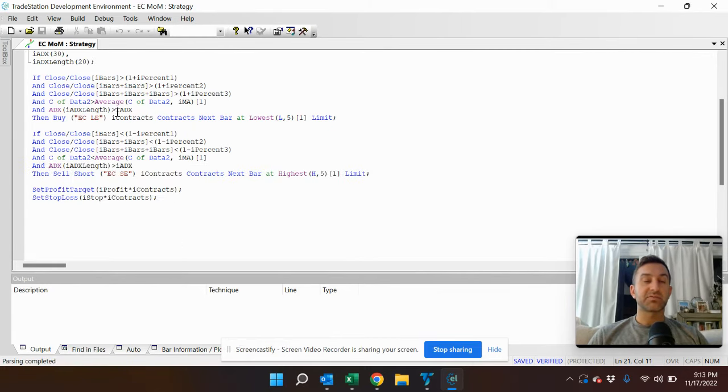And then the buy and the sell, what we're going to do is use a limit order. We're going to buy at the lowest low of the past 5 bars, and we're going to sell at the highest high of the past 5 bars, just so we're not buying at the height of the market and selling at the low of the market. So it gives you a little bit of a cushion there. And then we've got our profit target and stop loss.